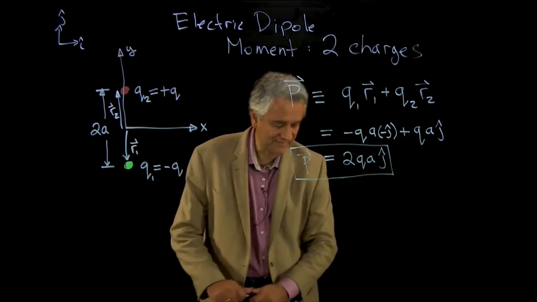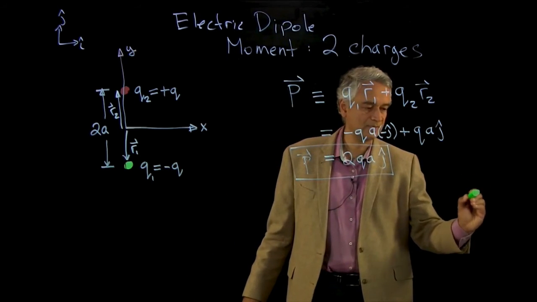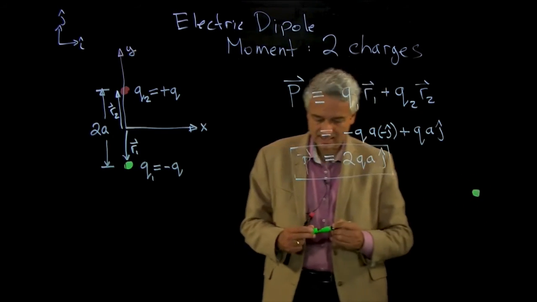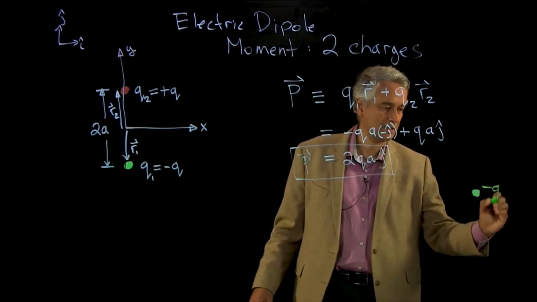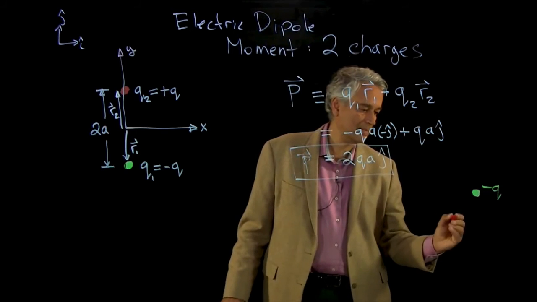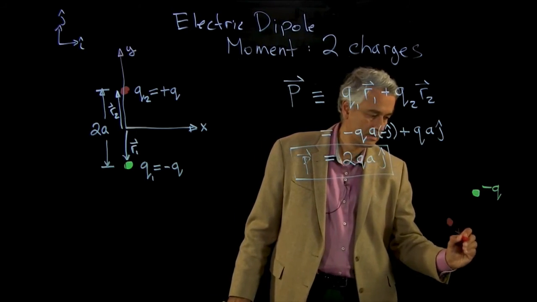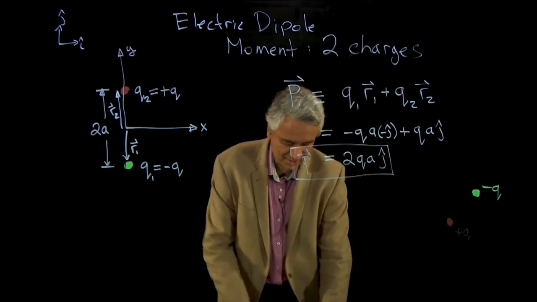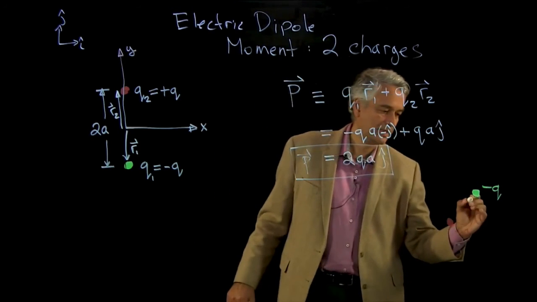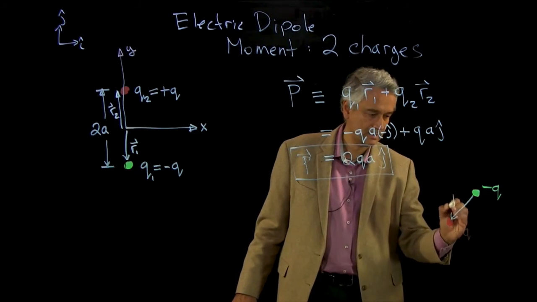And so this generalizes. If I have some other dipole over here, here's my negative charge, and here is my positive charge. Then the dipole vector for this dipole will be a vector that points in this direction.